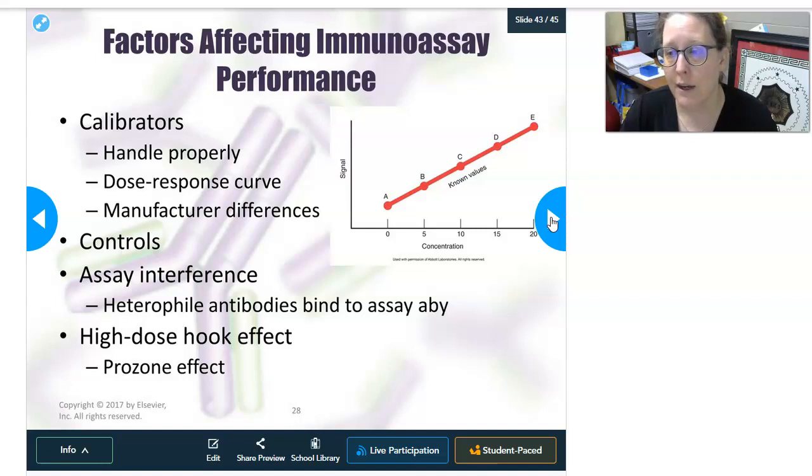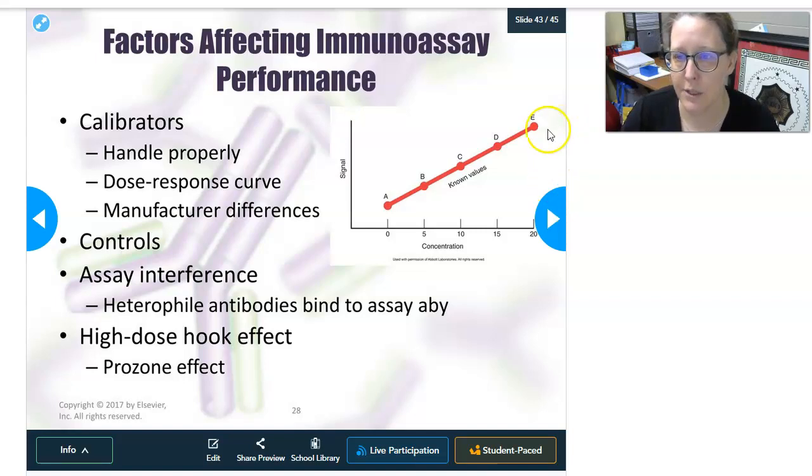I would even say that from one facility to the next, one analyzer to the next, you probably can't compare them either. They're very specific, by manufacturer, by brand, etc.